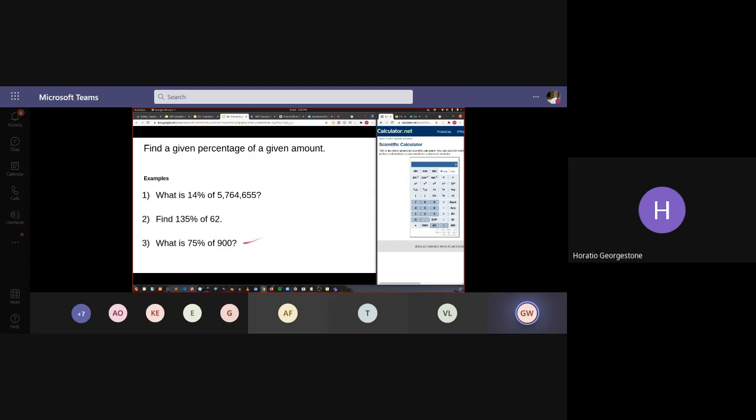One situation, I put this at the bottom of this section of the notes: imagine if the question was asking you to find 25% of 900. This is where you could save a bit of time, because you would go, oh, 25% is a quarter. But finding a quarter of something, what you're doing is dividing it by 4, right?